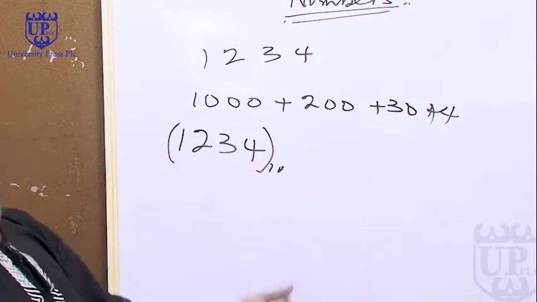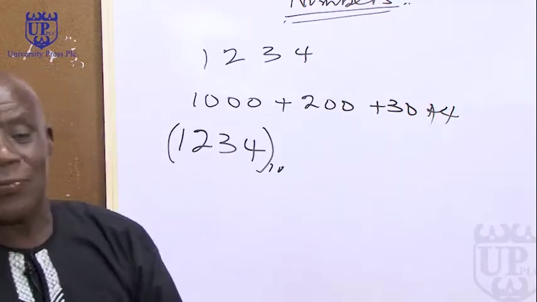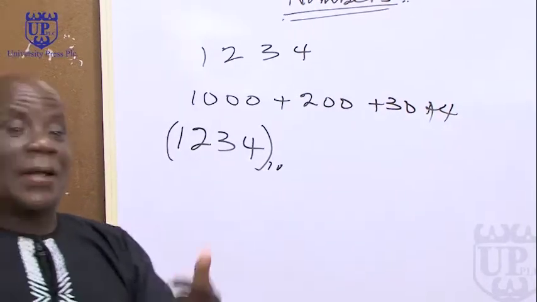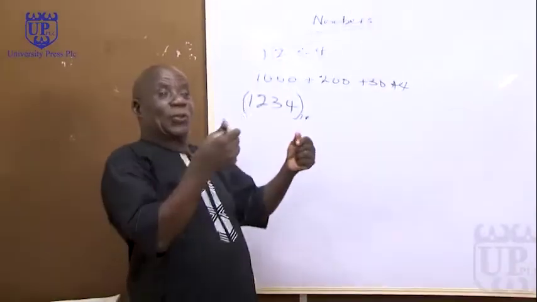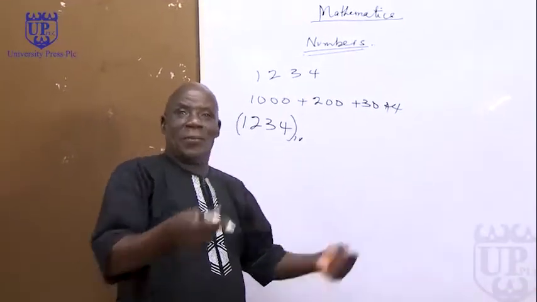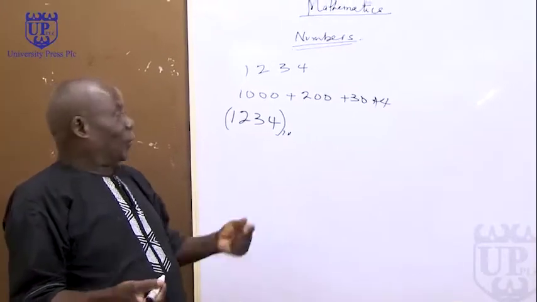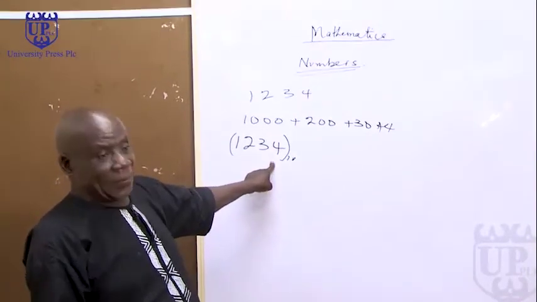But we don't normally write this because we assume it. You can't go to the market and say 10 mangoes plus 15 mangoes is equal to 0 mangoes in base 6. No. You count them in base 10.